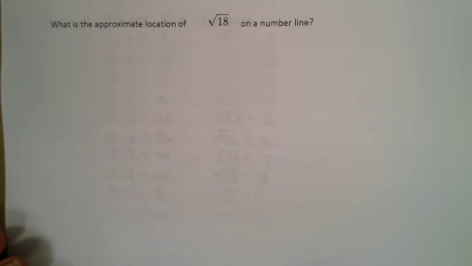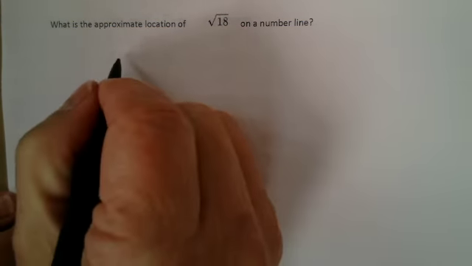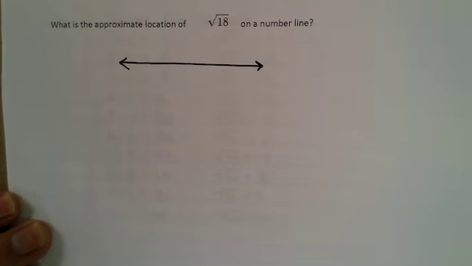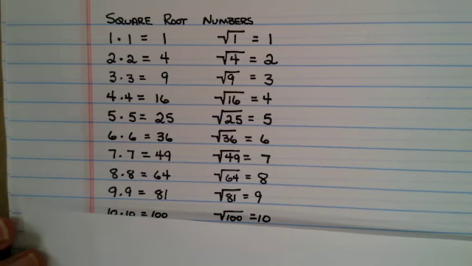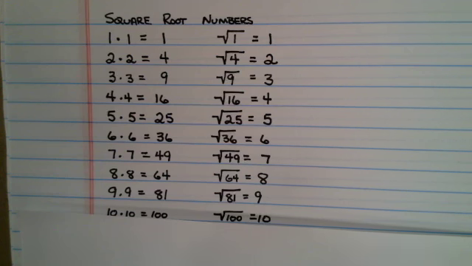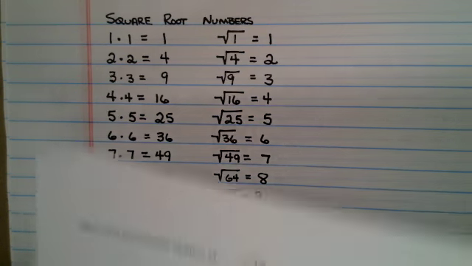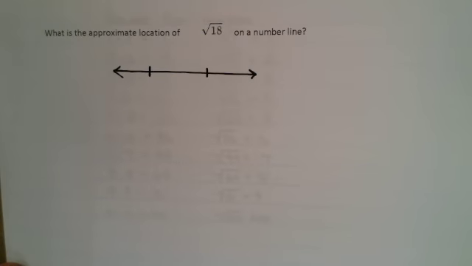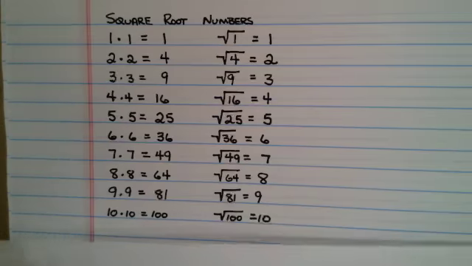What is the approximate location of the square root of 18 on a number line? What I'm going to do is draw a number line. And I need to find, according to my chart, where the square root of 18 would be. What two numbers is the square root of 18 going to be in between? So I'll look.